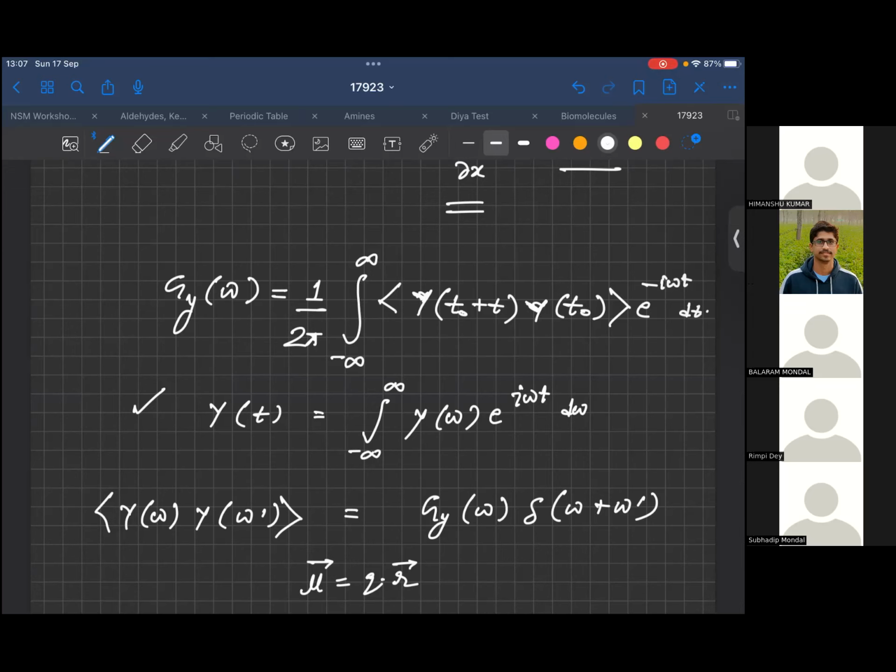That's my concern. If our dipole function is linear, if we approximate it as a linear function, then we get similar information from both the power spectrum and the dipole autocorrelation function. But if our dipole function is nonlinear in nature, then the spectra or the information will be different.